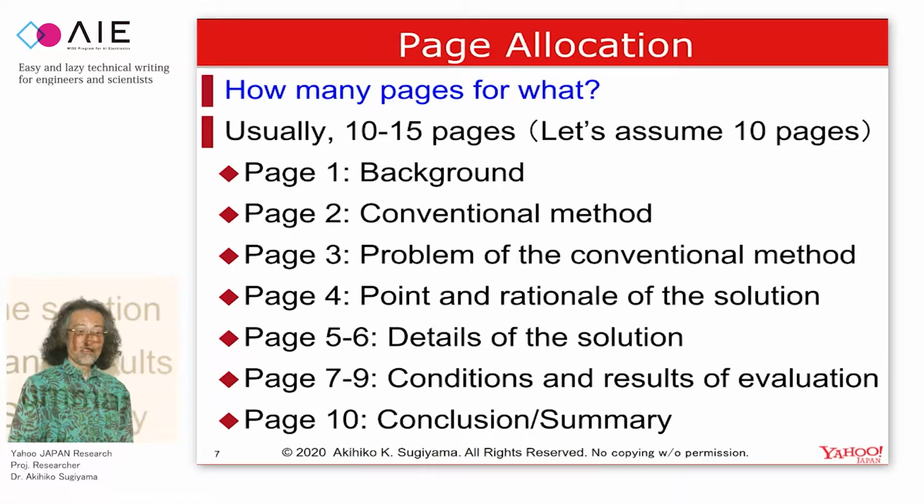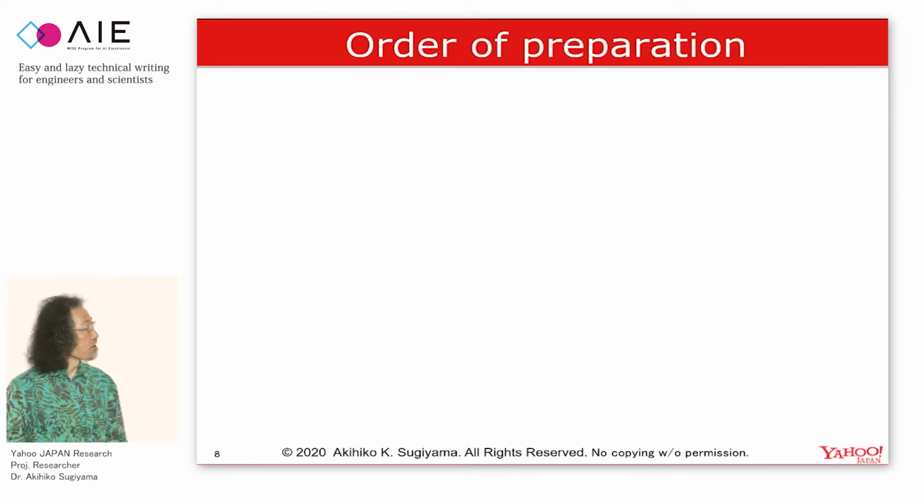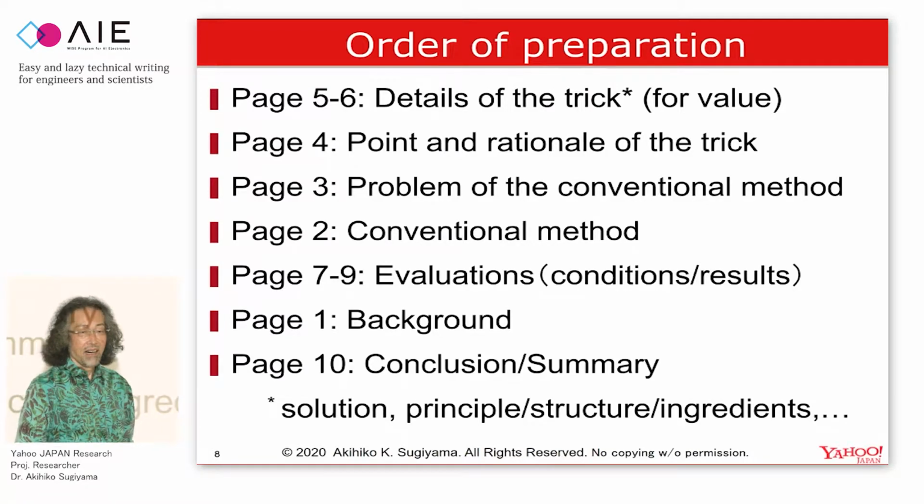Alright? But the question is, where to start in presentation preparation? Don't start from page 1, because it's basically the most difficult page. Start with pages 5 to 6, the details of the trick for the value.